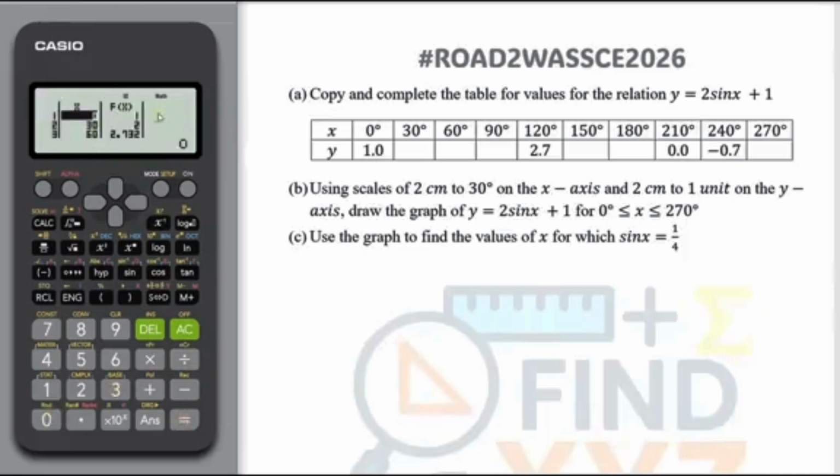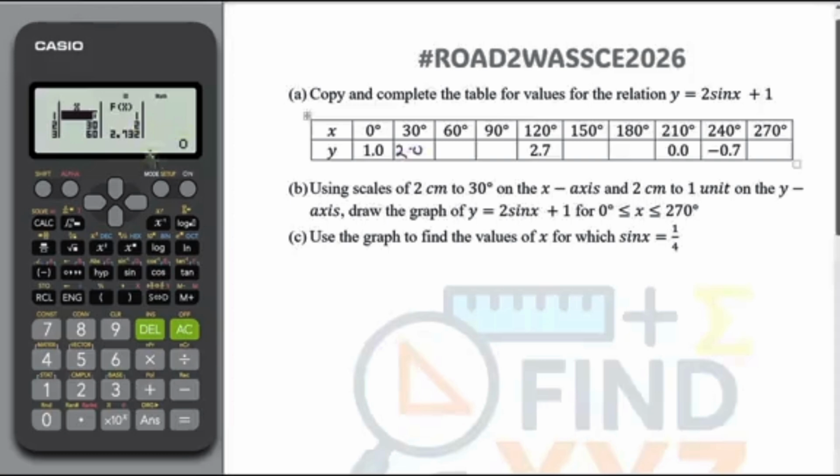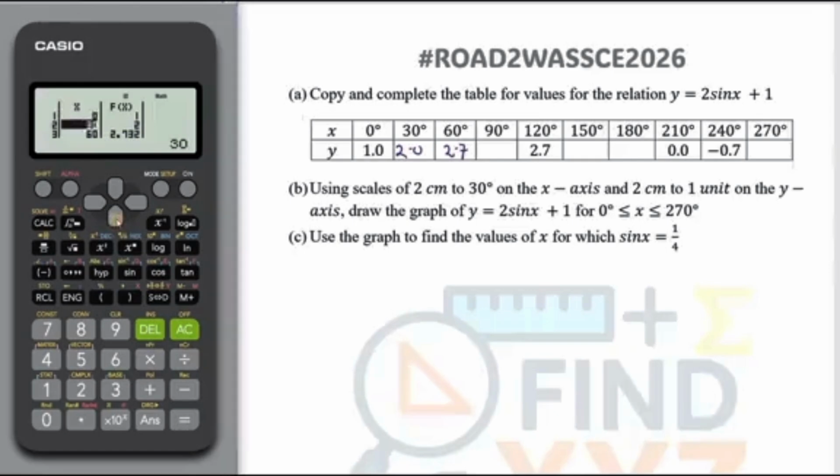So 0 will give us 1. We are going to leave all our values in one decimal place. Then 30 is giving us 2, so we write 2.0. Then 60 is giving us 2.732, which in one decimal place is 2.7. Then let's use the arrow key. 90 is giving us 3, so we write 3.0. Then 120 is also giving us 2.732, so 2.7, which has already been given.